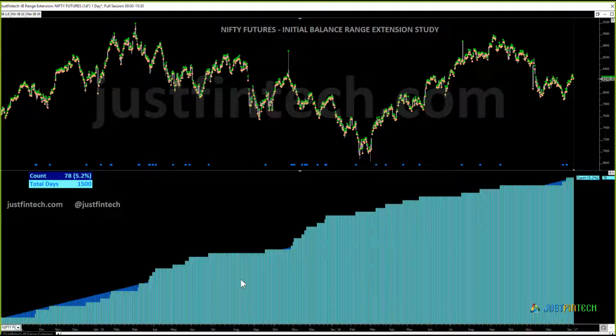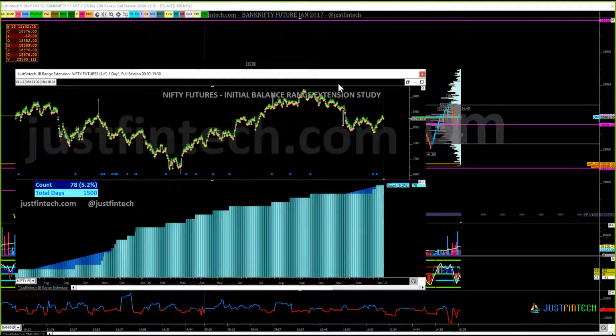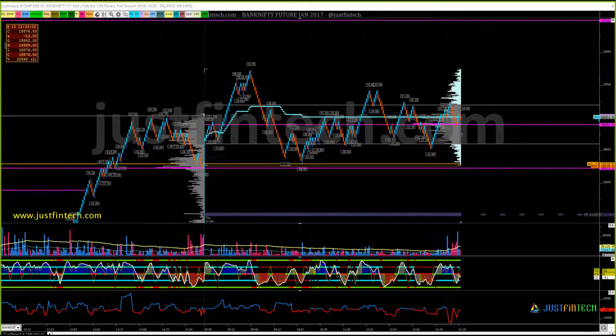So when there is such an IB, we can make out from that only that the moves will be choppy, and it's better to fade the moves on either side. So I just use the statistic to get a hang of what can be the scenario in those circumstances. It is not that I would like to enter the trade exactly at the statistical levels, because this is just what the market had done earlier.